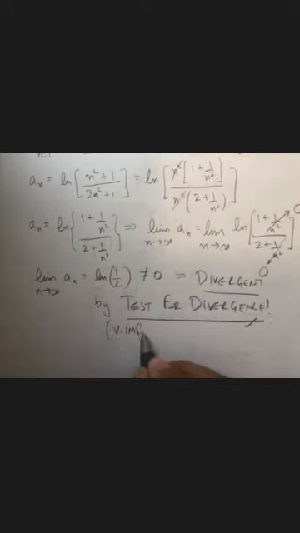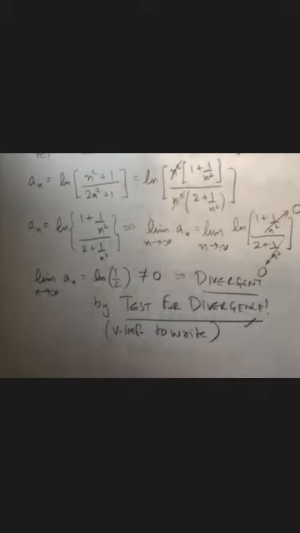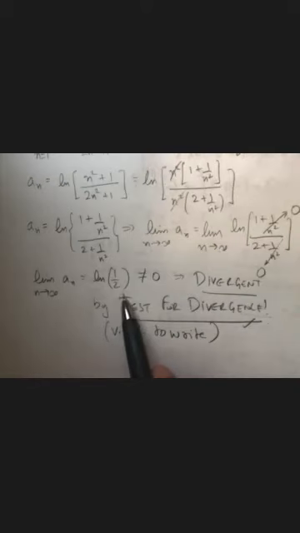Very important to write. So writing test for divergence is important. If we conclude from test of divergence that this series is divergent, because the limit is ln half, not equal to 0.